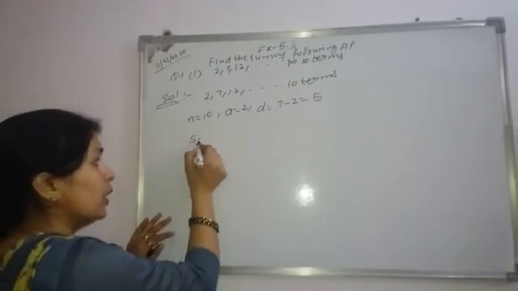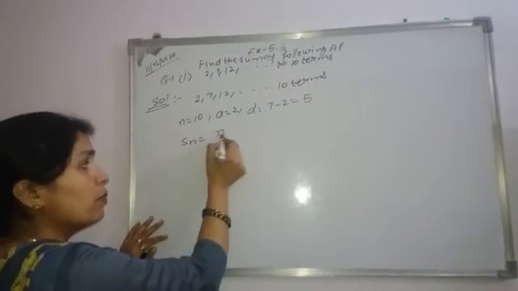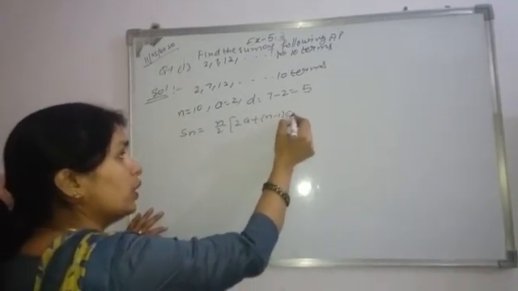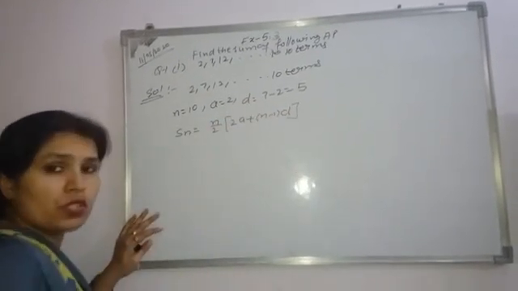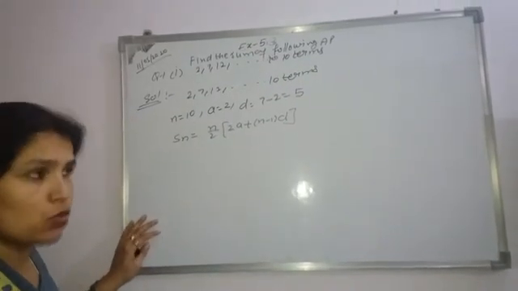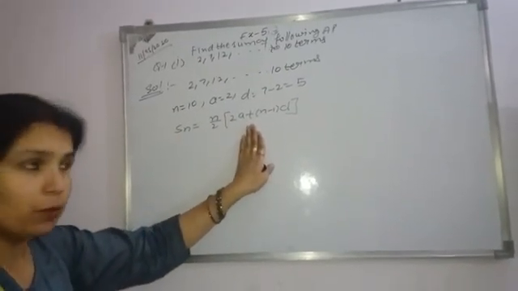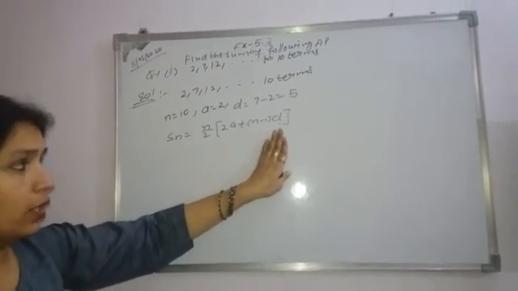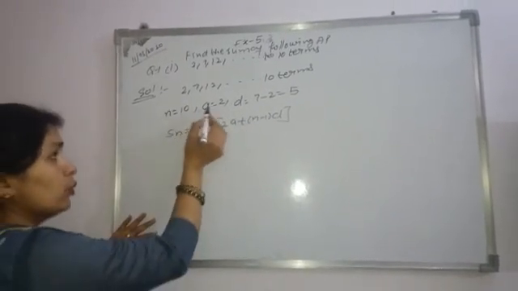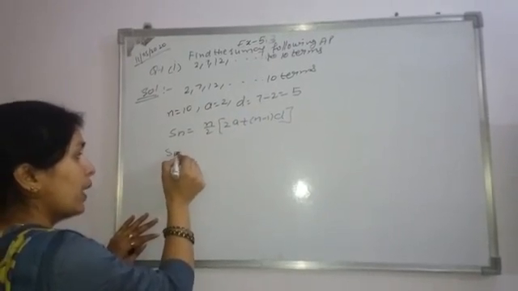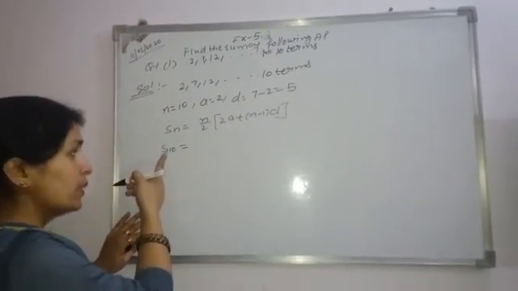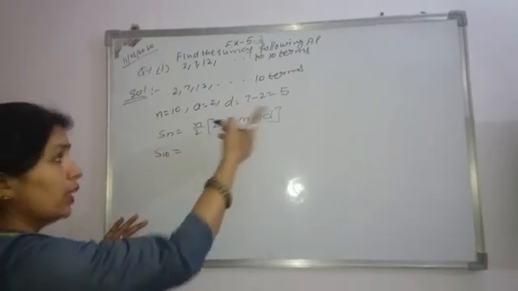Now what is the formula? Sn is equal to n by 2, into 2a plus n minus 1 into d. Because in this question the last term is not given to us, we will apply this first formula. Now when we put all these values, we obtain S10. What is the meaning of S10? Sum of first 10 terms of an AP.